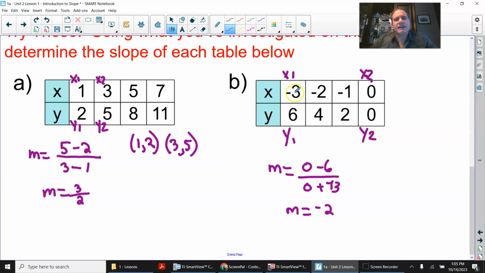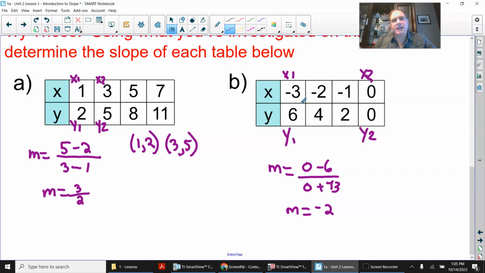If I wanted to take that out, this B table, I took the first pair of coordinates that they gave me, -3 and 6, and made it x1, y1. And then I skipped to 0, 0. If I see 0, 0, I think it's easier to deal with, so I'll always use it. If I see positive coordinates, I'll skip past the negatives.